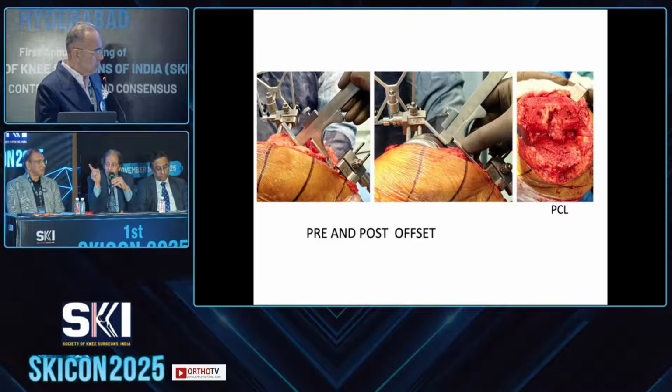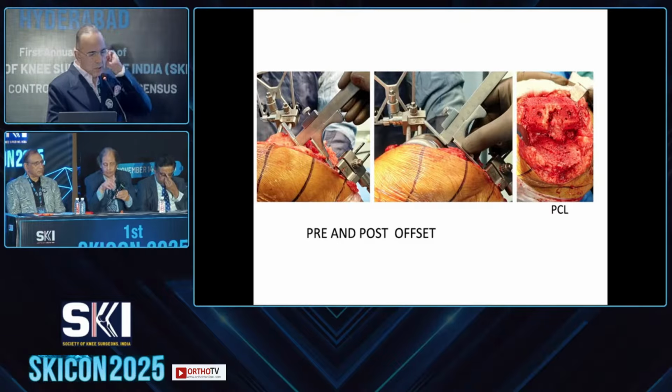Different tibias have different posterior offsets, and you need to reproduce that. Getting it to about 5-7 degrees is critical. If you can do that, and take that knee through a range of motion to about 120, 130 on the table with the patella in place, that knee, regardless of the organic structure of the PCL, will do well.